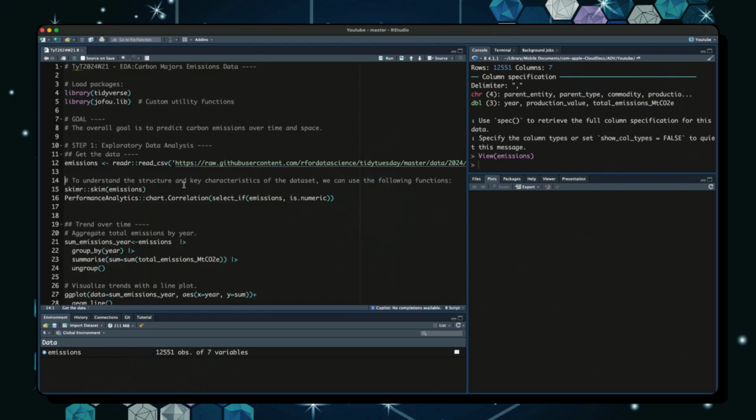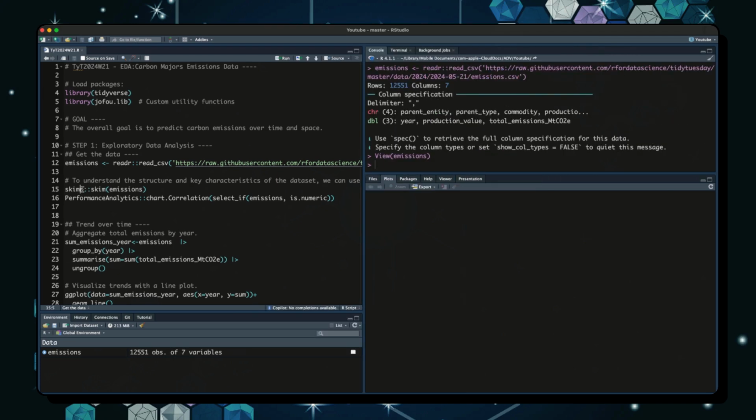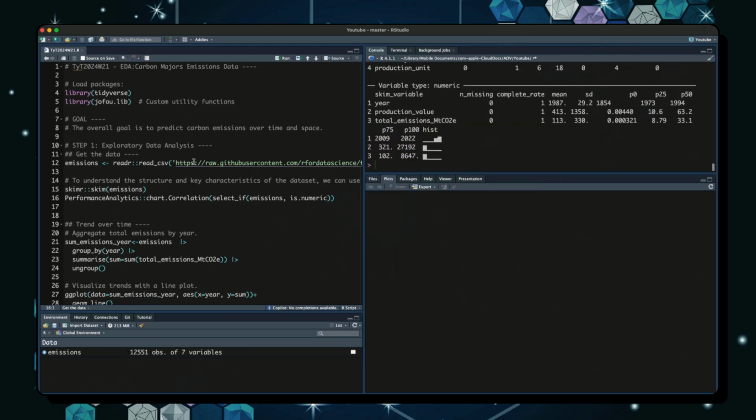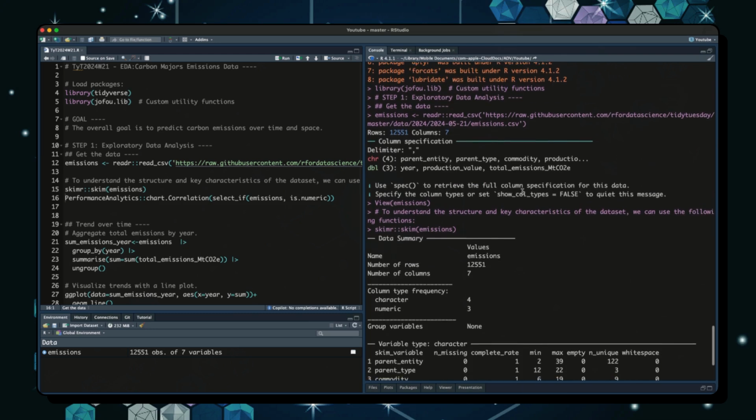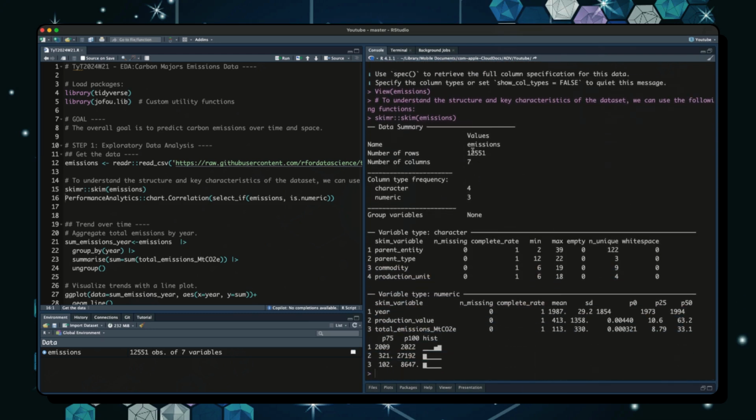Once the dataset is loaded, it's good practice to take a quick look at its structure and summary analysis. My favorite way to do it is to use the skim function in the skimr package. So here we have the information about the number of rows and the number of columns, and the skimr function splits our variables between character and numeric.